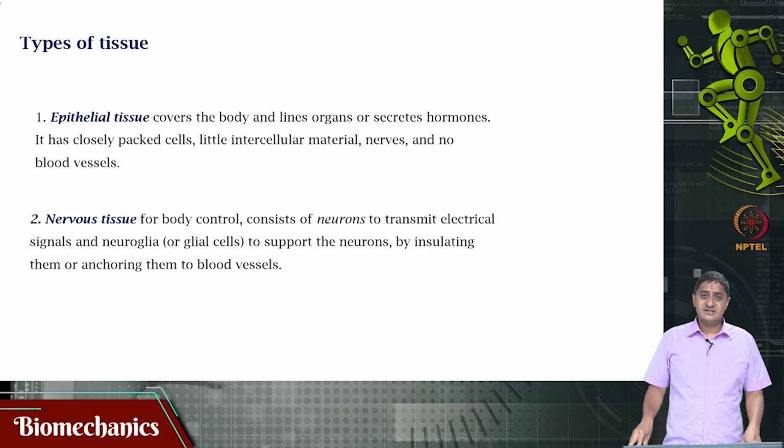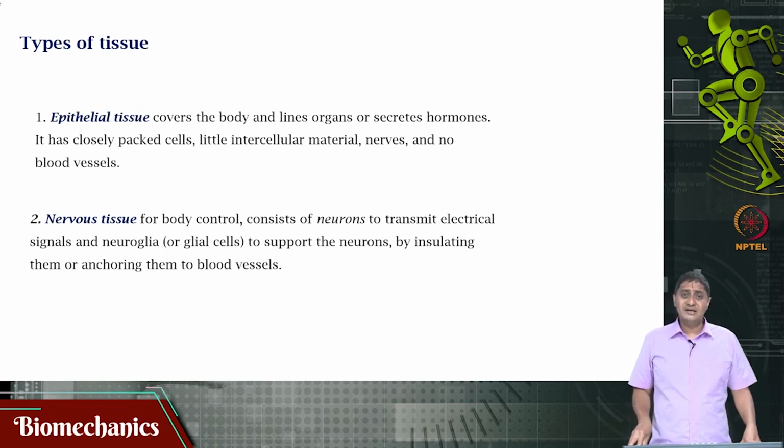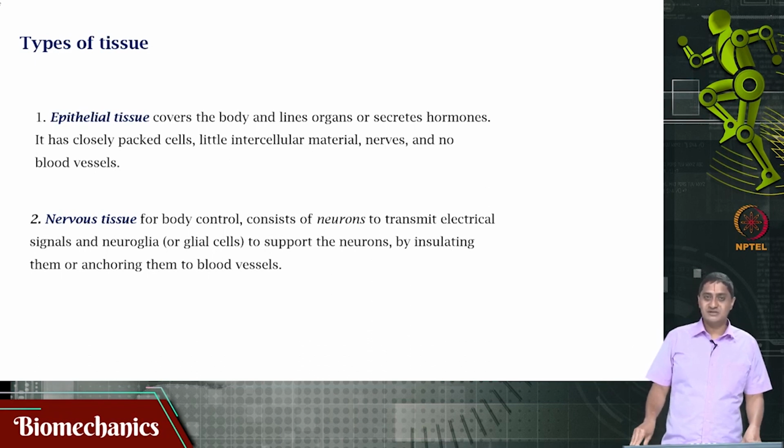So, we classify these from the material property viewpoint, not completely from the functional viewpoint, as you see when you are discussing various types of tissues that perform various functions. Here we only restrict our attention to the material properties, and based on that we classify.